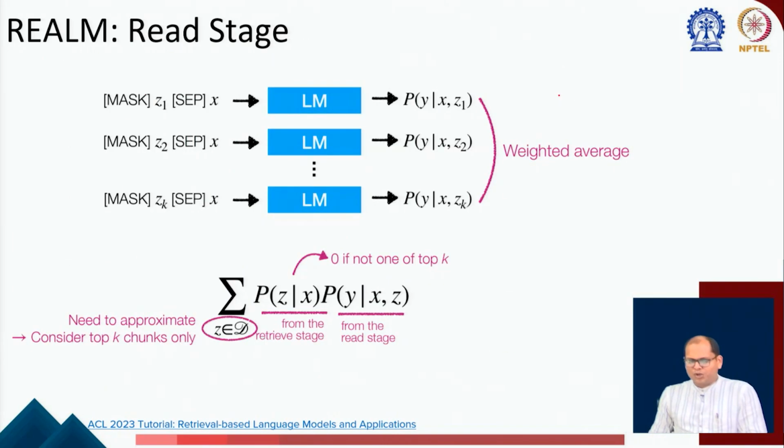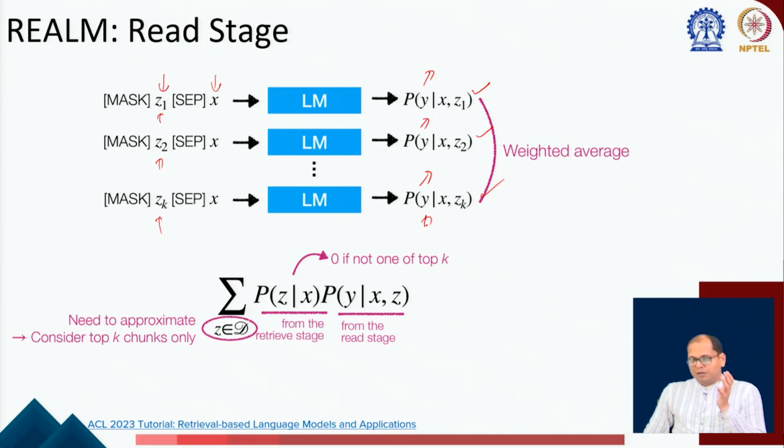Now based on that, you can put each chunk with a separator next to x and let it predict the particular mask word. It will give the probability of getting a word given x and chunk g1, g2, up to gk, because you can put them in independently with x and get a distribution.